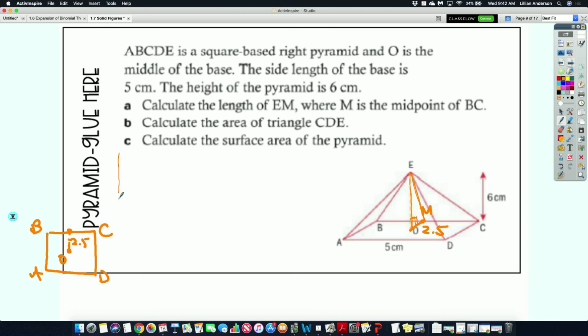So E, O, M form a right triangle because EO is the height of this right pyramid and M is the midpoint of that other side. How long is EO? 6. So then to find EM, I'm going to use what concept?